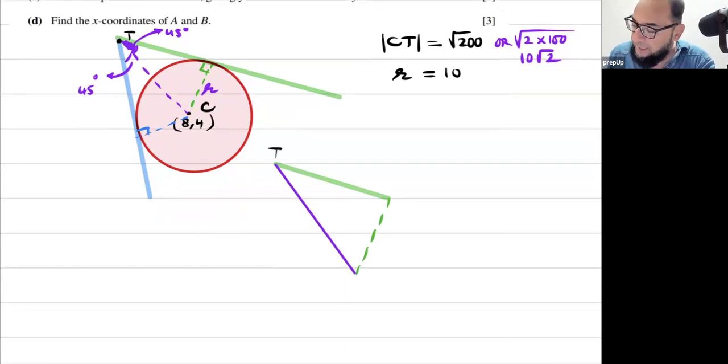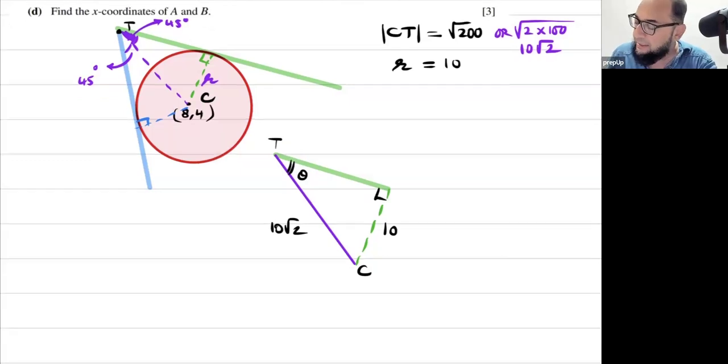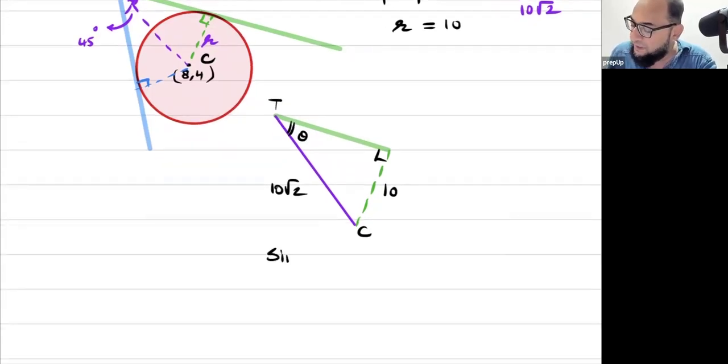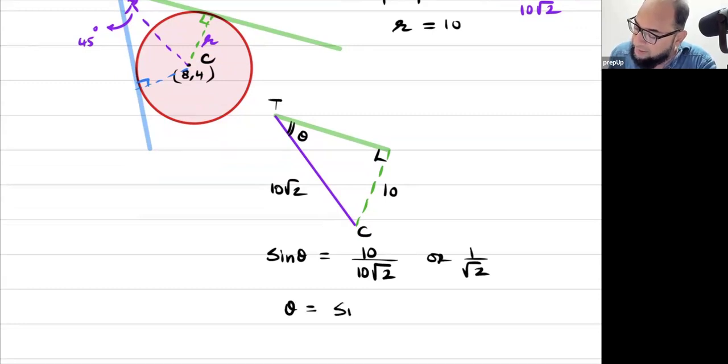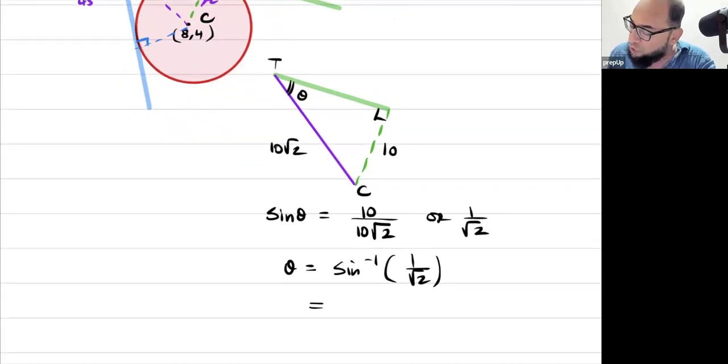This is T, this is C, this is the radius, which is 10, CT is 10 root 2, this is theta, this angle is 90 degrees, therefore sine of theta is 10 divided by 10 root 2, which is 1 over root 2. Therefore theta is sine inverse of 1 over root 2, which comes out to be 45 degrees or pi by 4. So that is the answer for this part.